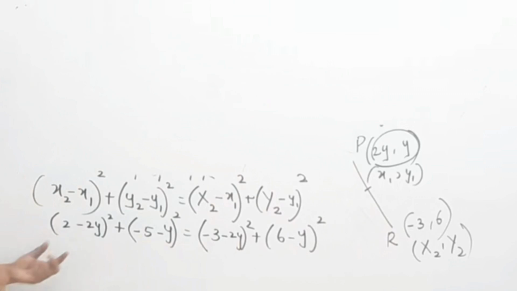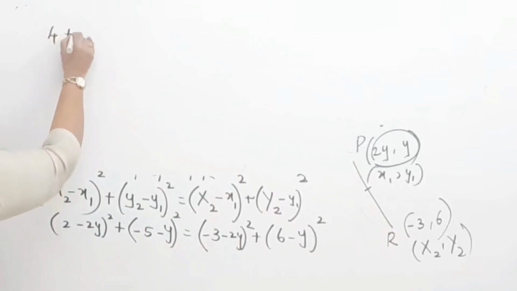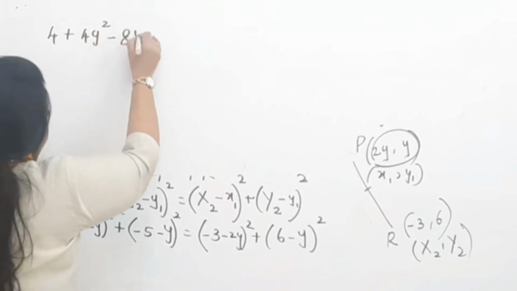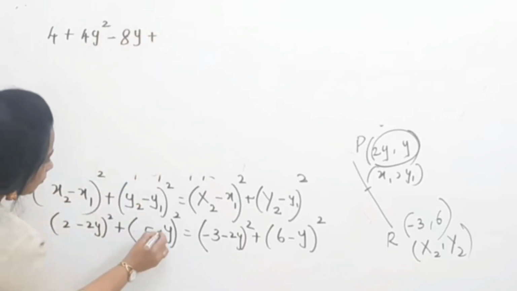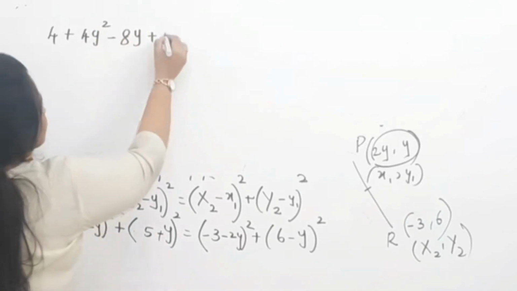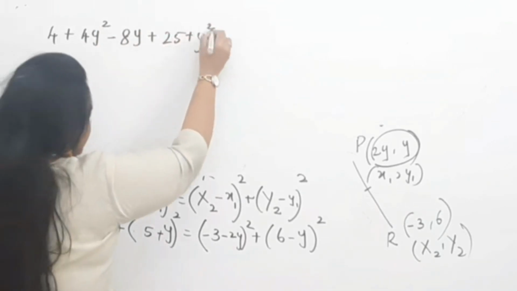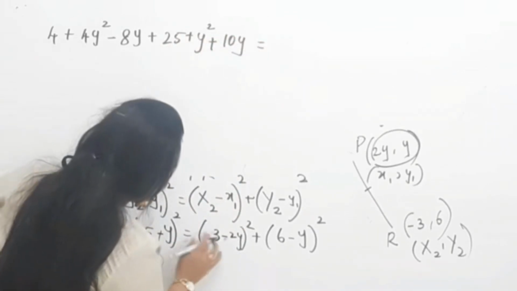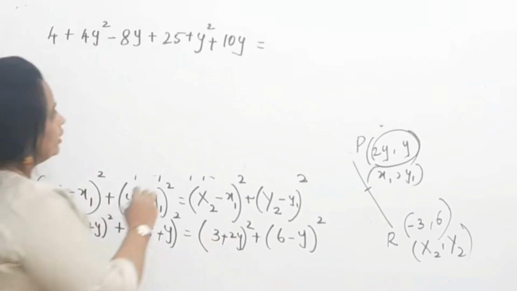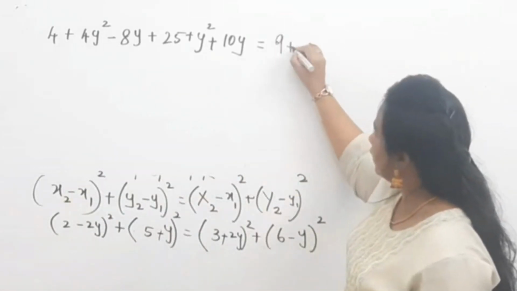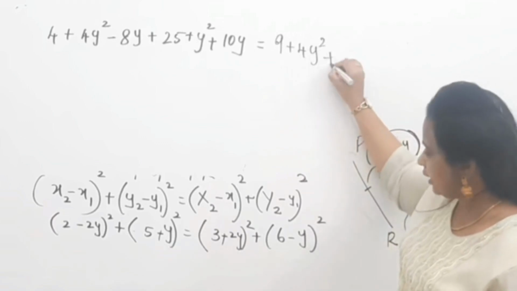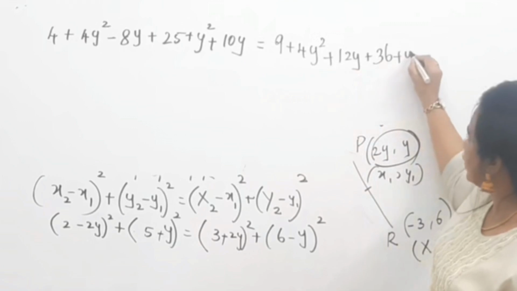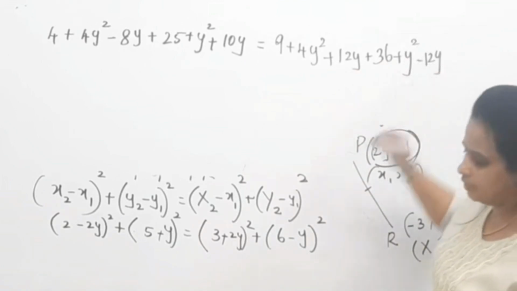I'm going to substitute here the identity. 4 plus 4y square minus 2 2's are 4, 4 2's are 8y, plus this will become 5 plus y the whole square, that is 25 plus y square plus 5 2's are 10y, which is equal to, this will become 3 plus 2y the whole square, that's equal to 9 plus 4y square plus 3 2's are 6, 6 2's are 12y plus 36 plus y square minus 12y.